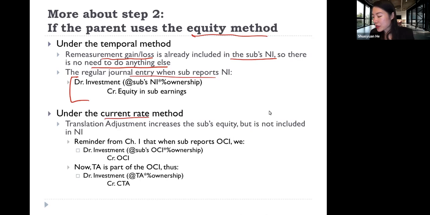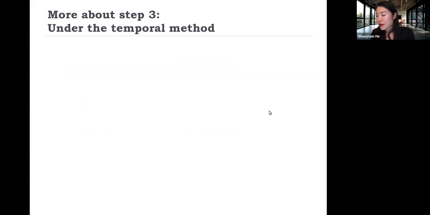And if the firm is using the current rate method, the translation adjustment increases the subsidiary's equity, but it is not included in net income. Actually, it is included in OCI. So just as what we do for OCI, the translation adjustment is part of OCI, so we need to debit investment account, credit cumulative translation adjustment.